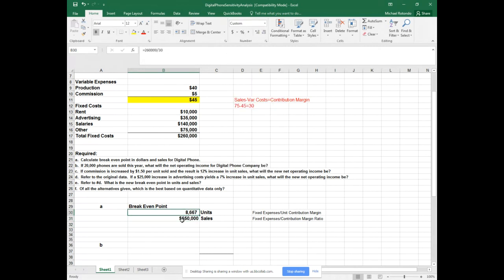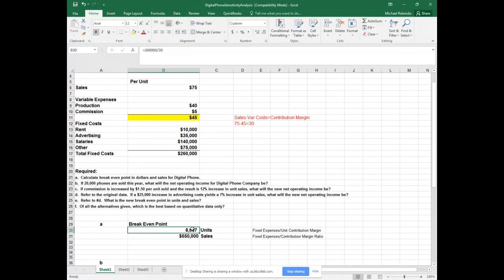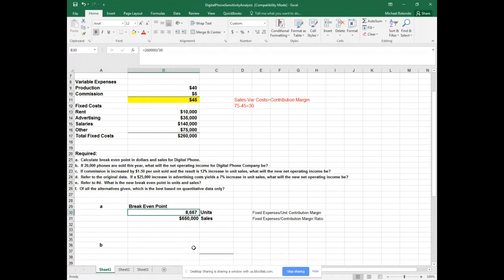These are units, these are dollars. So we would need to sell $650,000 in sales to break even. Okay, so in other words, we need to sell 8,667 units at $75 per unit in order to break even, or have a net income of zero.